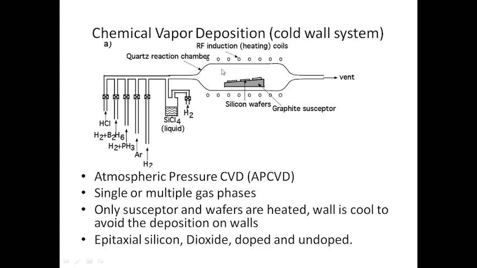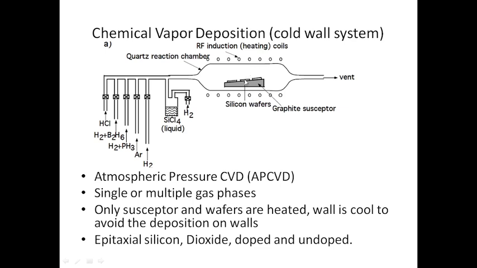So we have a quartz reaction chamber, and this is called a cold wall system. Here the wall of this particular chamber is relatively kept cool, and the substrate and the graphite susceptor, which holds the wafer, are heated using RF induction, which is a heating coil.